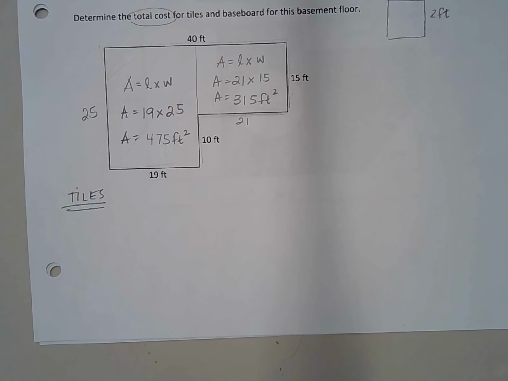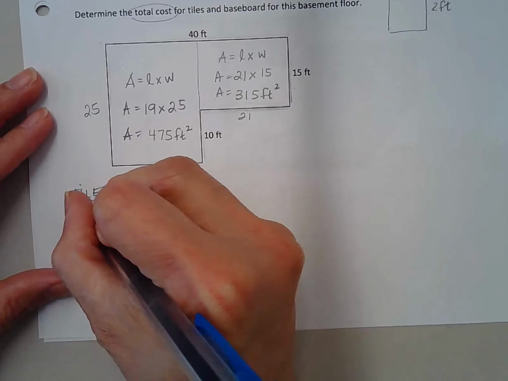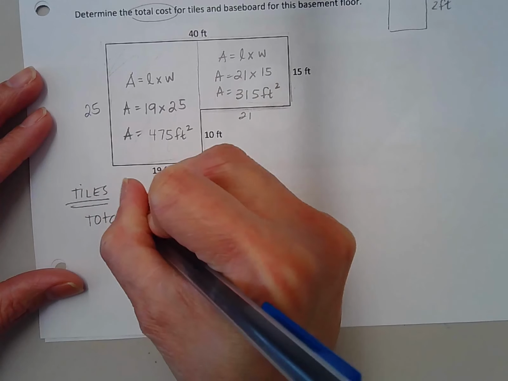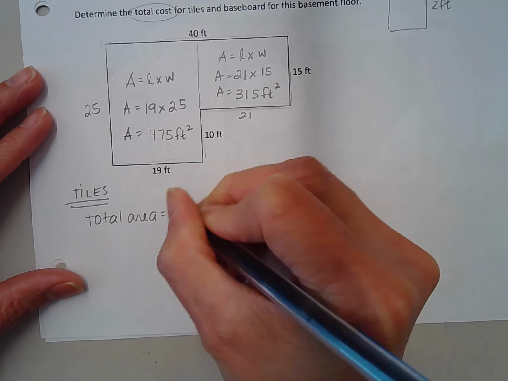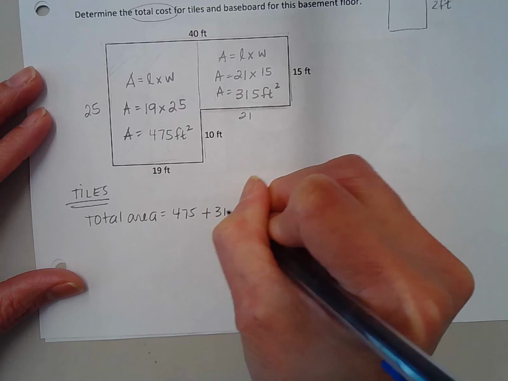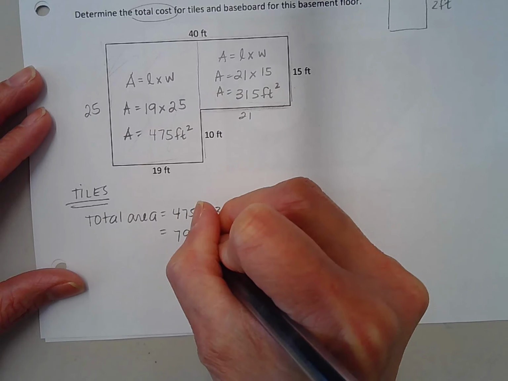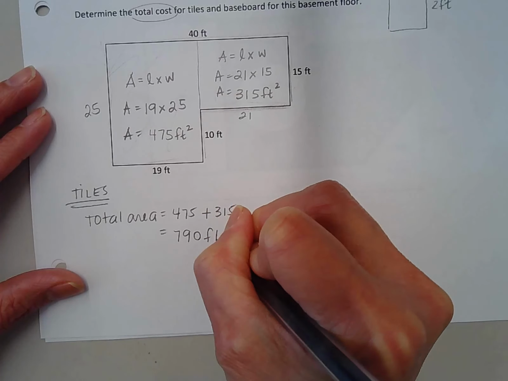Now, how much is the total area? So total area is 475 plus 315, which is 790 square feet.